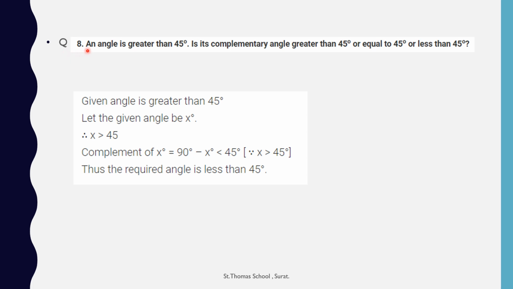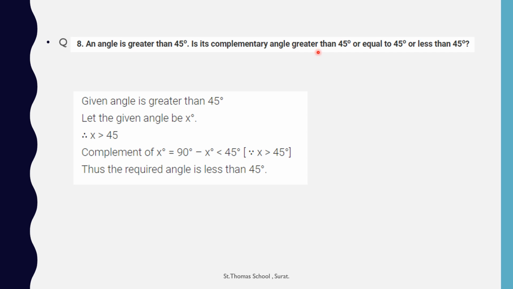Question number 8. An angle is greater than 45 degrees. Is its complementary angle greater than 45 degrees or equal to 45 degrees or less than 45 degrees? So what do you understand from the question? If the angle is greater than 45 degrees, then what can you say about its complementary angle?